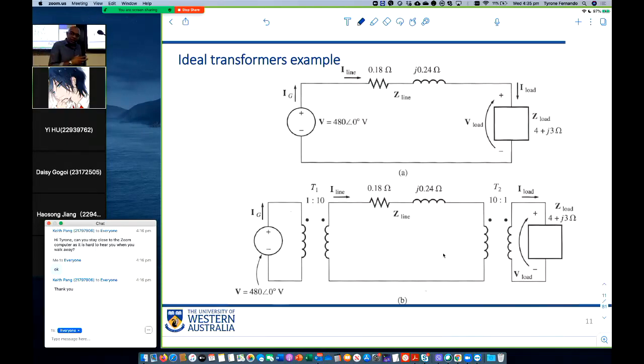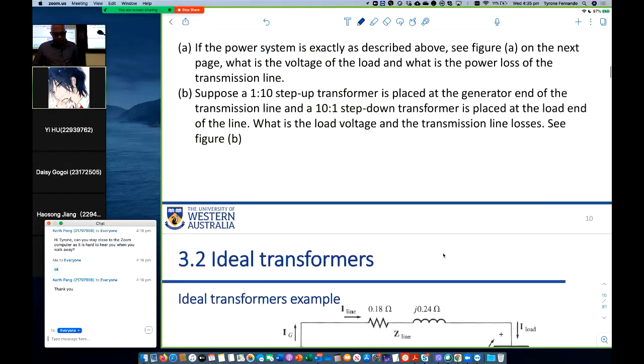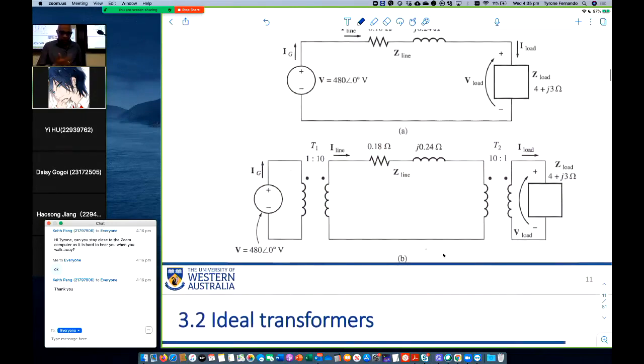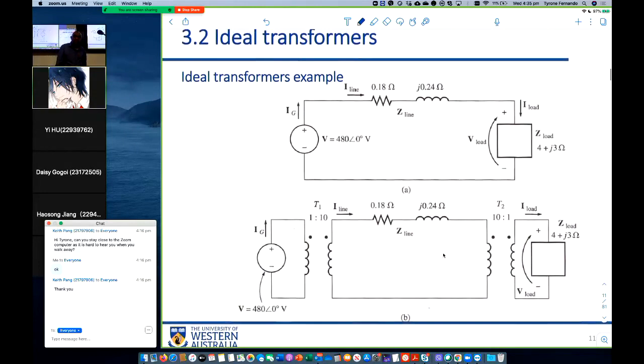Then you connect to a transmission line, and then you step it down at the residential side. So you go from 10 to 1 on the receiving side, right? It's a short transmission line, so we only have a series impedance.